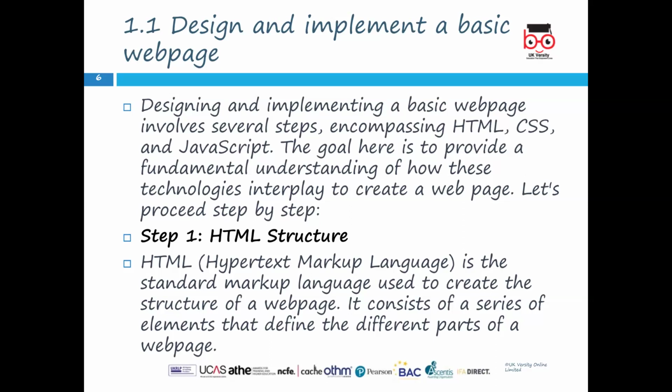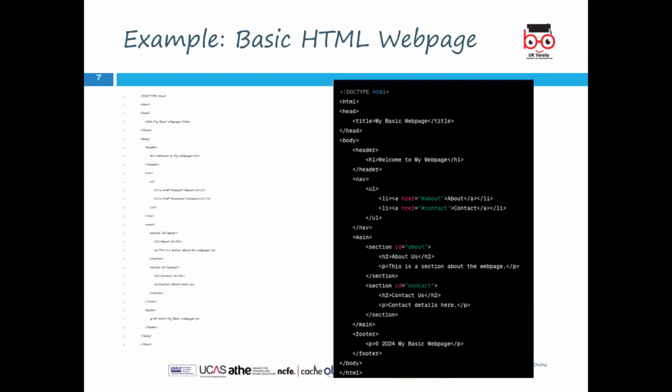Then we have a body, inside which we include all the design and information that we want our website to display. And at the end, we have a footer, where we add all the useful links and information related to our website. Here we have an example of how this will look.